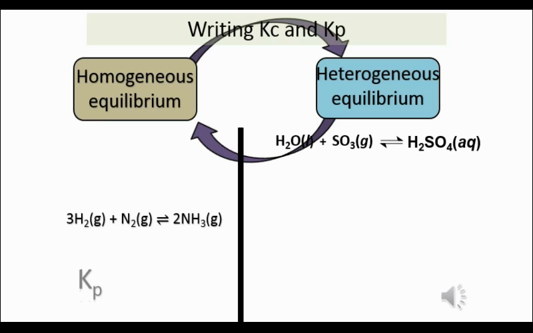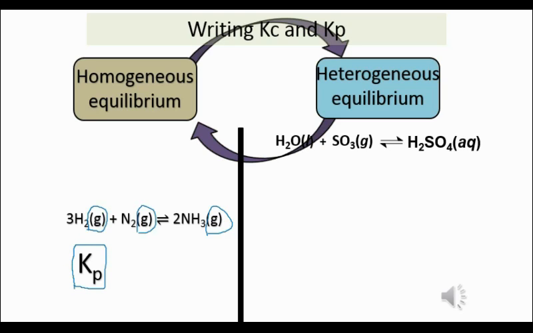Before this, you already know the homogeneous and heterogeneous equilibrium. In both cases, we can write down its own equilibrium constant. Let's look at the first example, in homogeneous equilibrium. We have the reaction between hydrogen and nitrogen to form ammonia. If we look at the equation, all the components are in the form of gases.